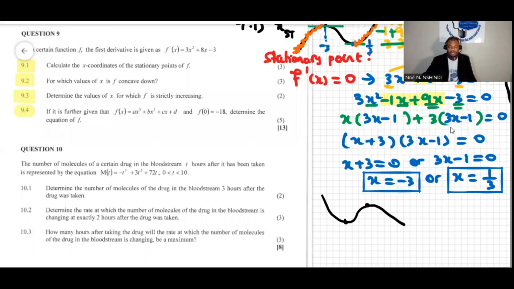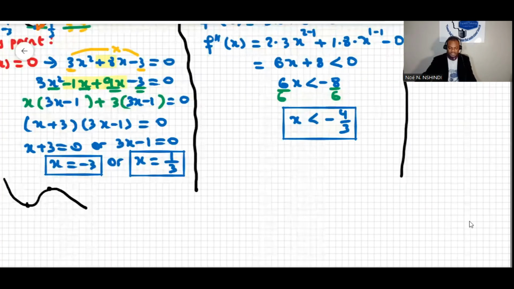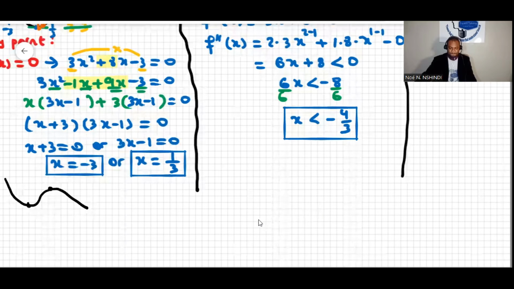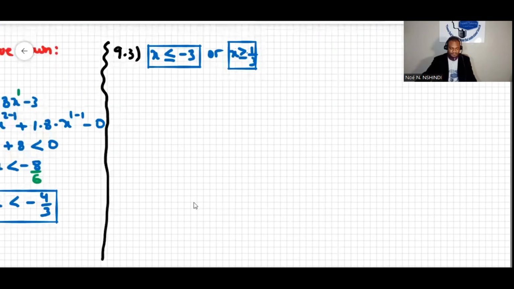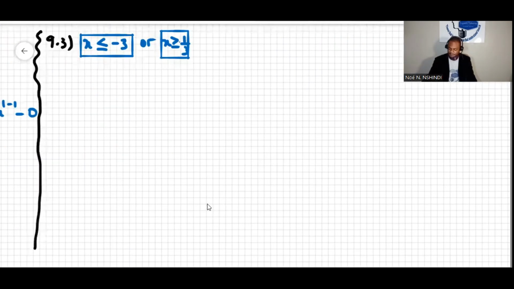I am going to move my board over here. 9.4. Okay, let's write f of x. f of x is given by ax cubed plus bx squared plus cx plus d.